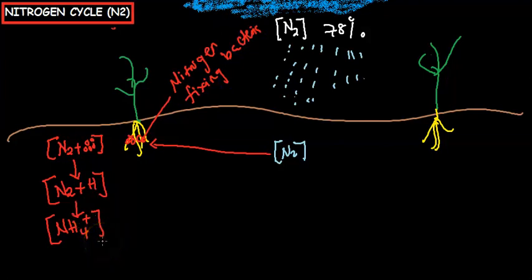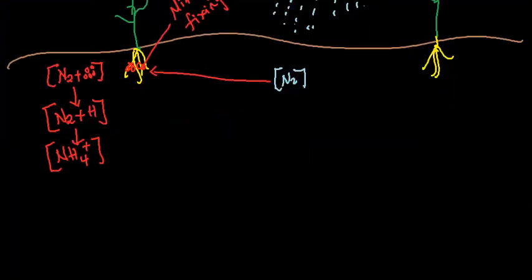When the nitrogen and hydrogen combine together, they form what? Ammonium. And this process is called nitrogen fixation. The process that took place here, let's call it nitrogen fixation.